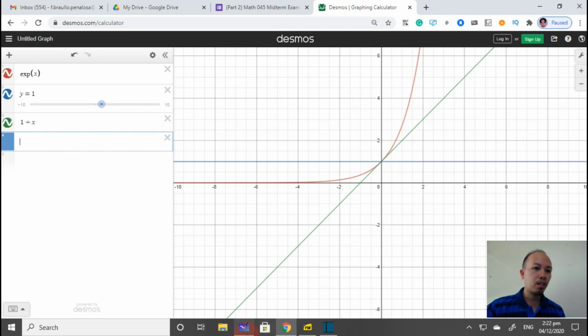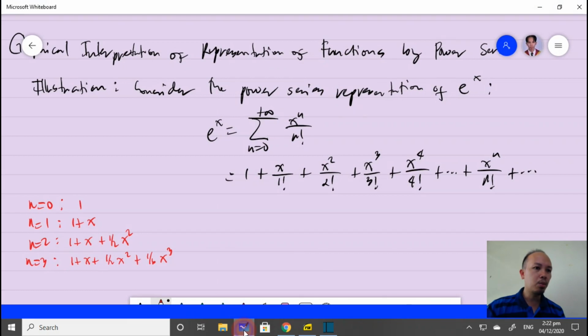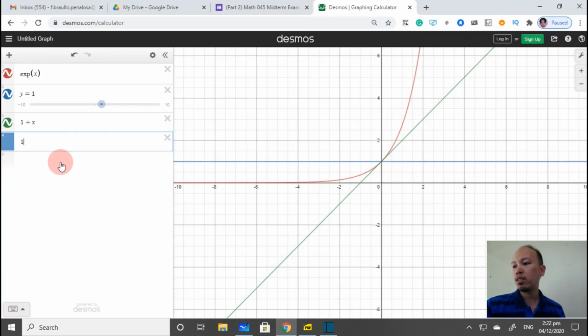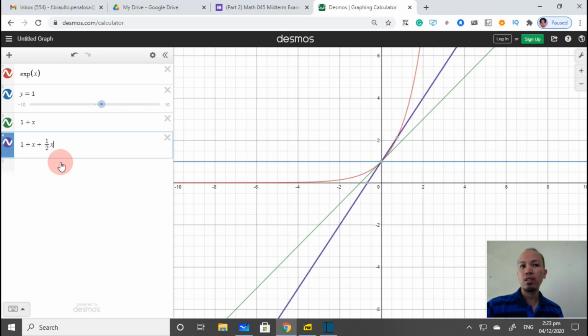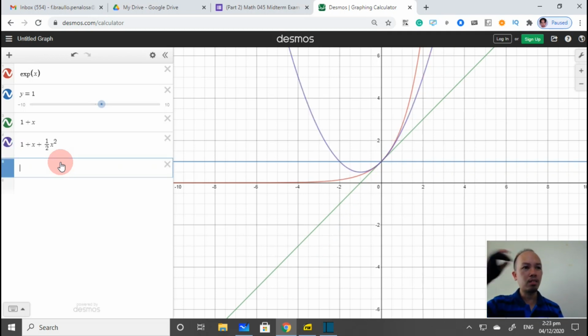Let's try another. When n is equal to 2, we have 1 plus x plus 1 half x squared. Now let's zoom out.